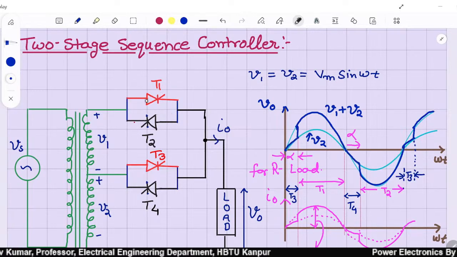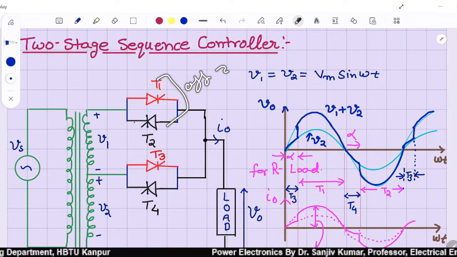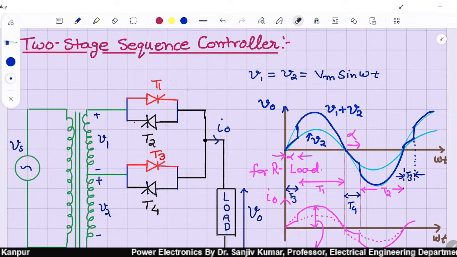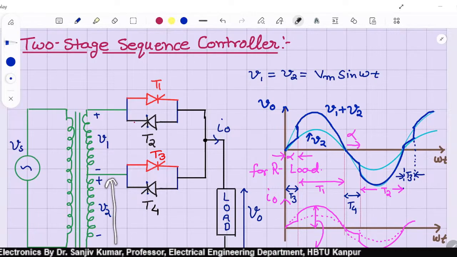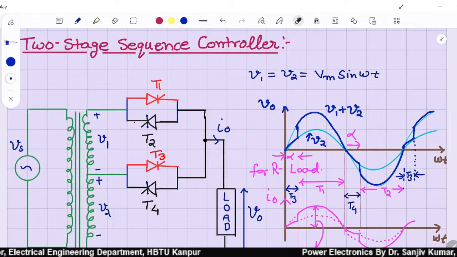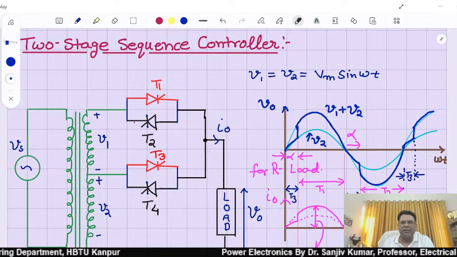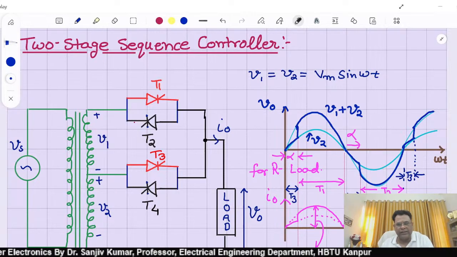They are permanently off for voltage control between 0 to V2, that is 0 to Vm sine omega t. So it is as good as the single phase AC controller, since we are using it to see the performance in the two stage.